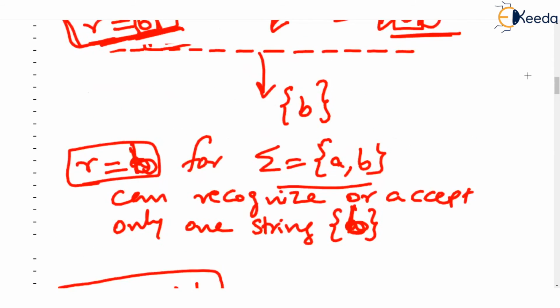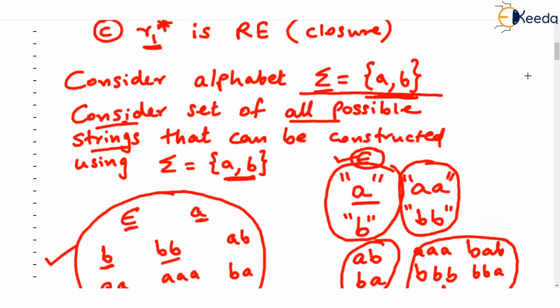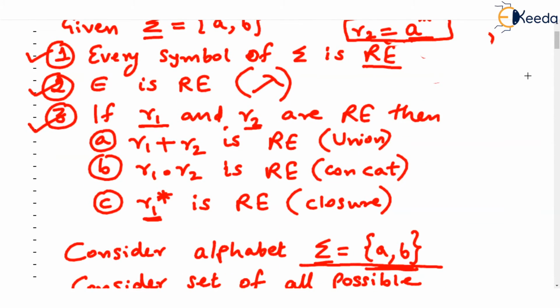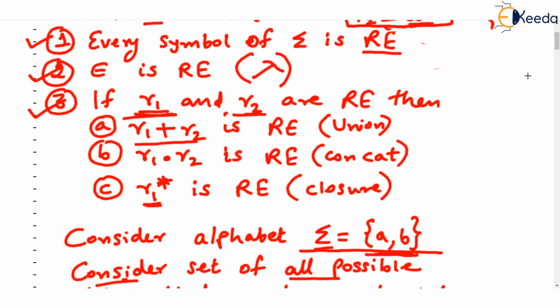Here goes the definition. The definition was if R1 and R2 are regular expressions, then their union itself is a regular expression. Let's see what this means.